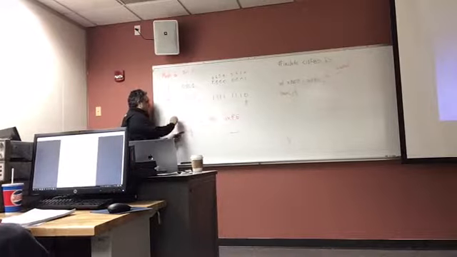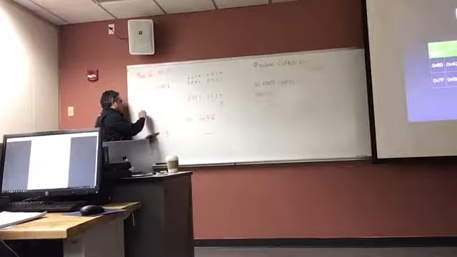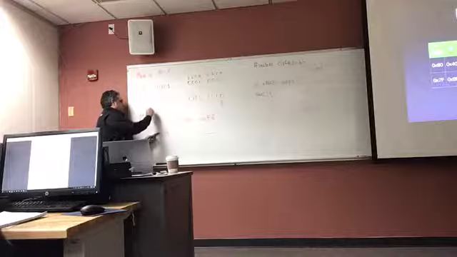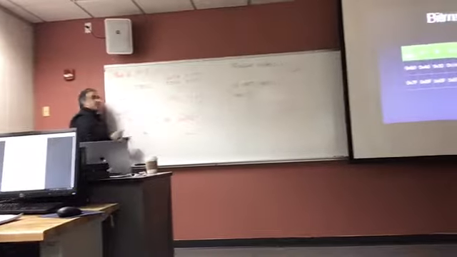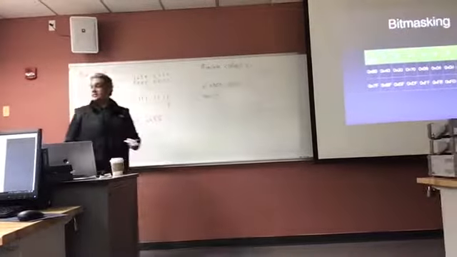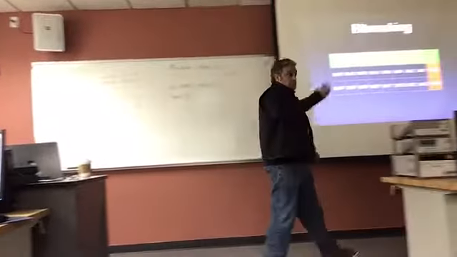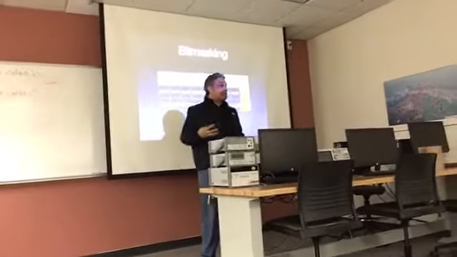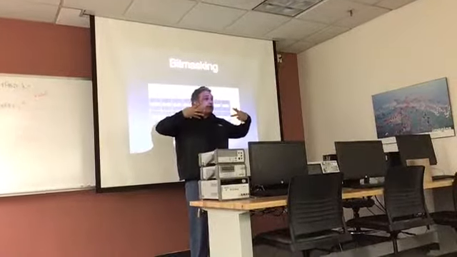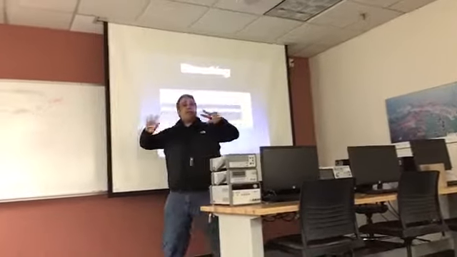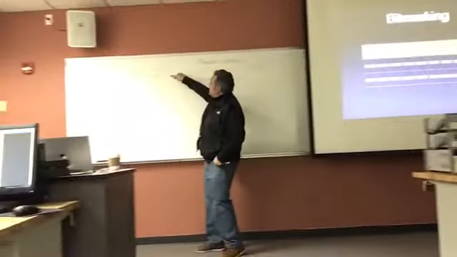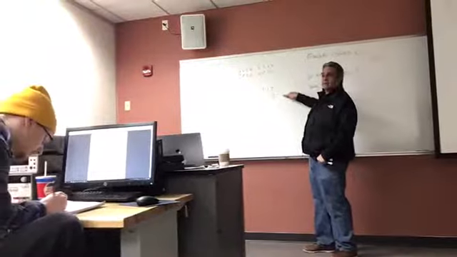So this is a bitwise NOT. Some people call these the ones complement. Okay? It's just simply taking bit by bit and you flip the bits, right? If you do a bit by bit flip, you go from this to that.